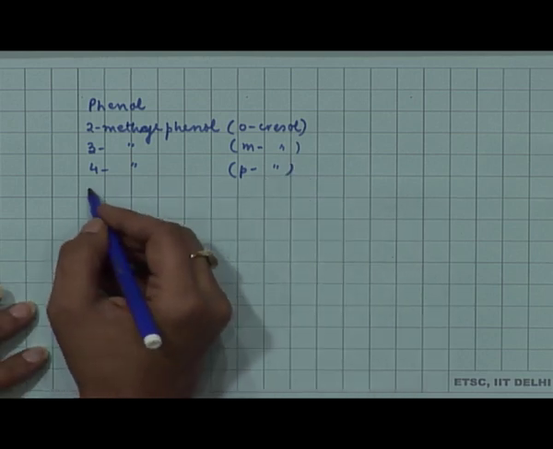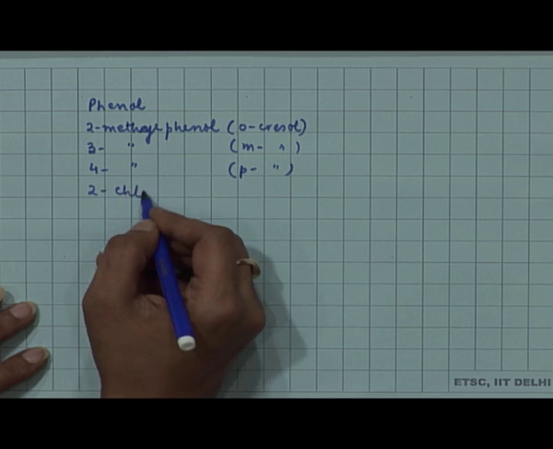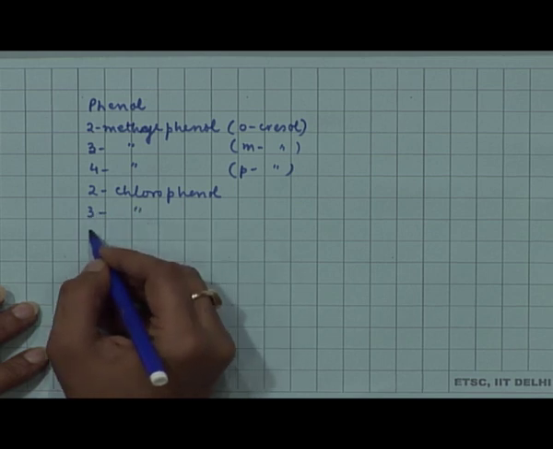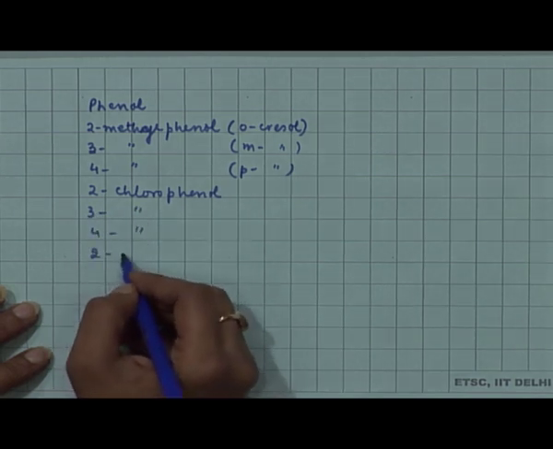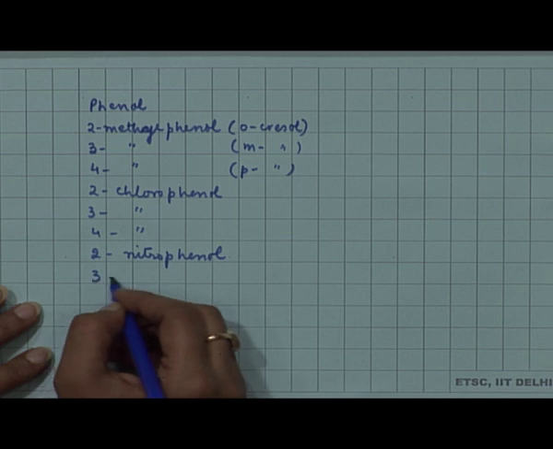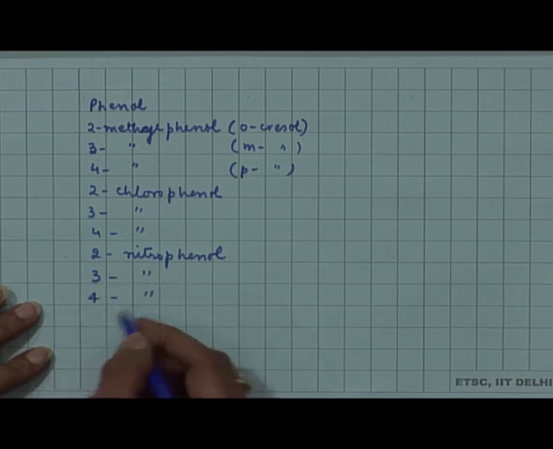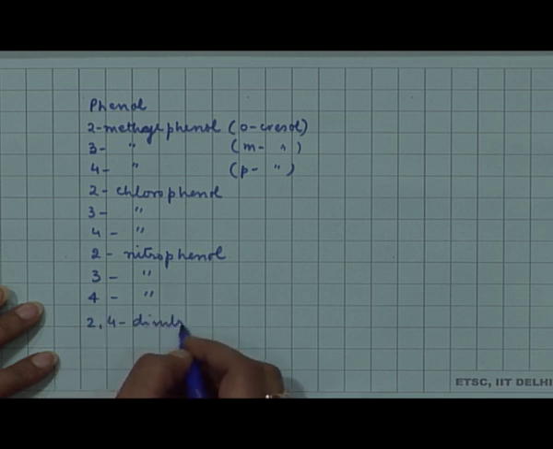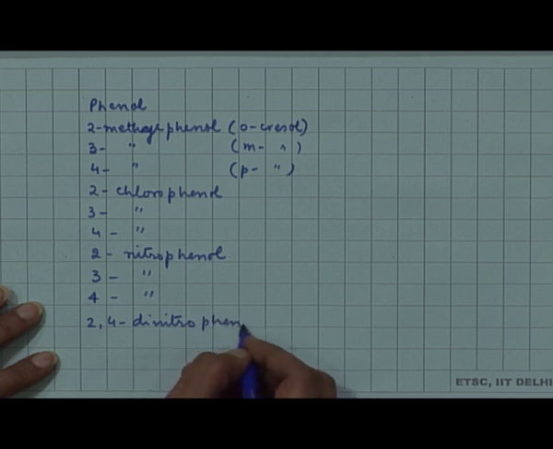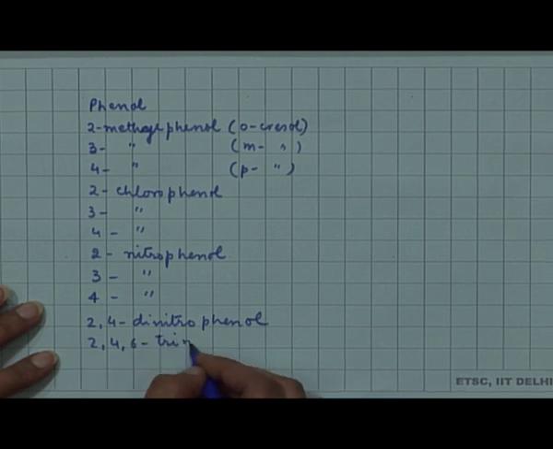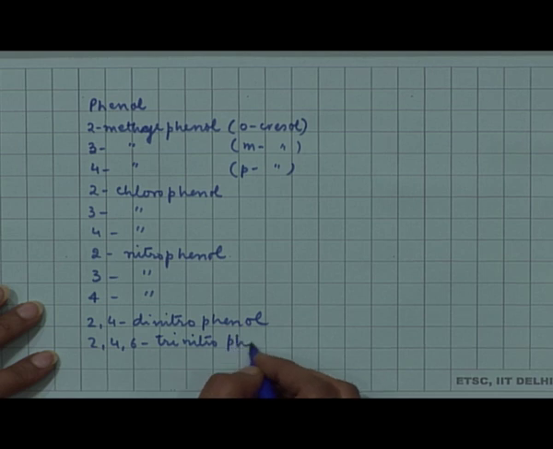Okay. If you have a 2-chlorophenol, a 3-chlorophenol, a 4-chlorophenol, a 2-nitrophenol, a 3-nitrophenol, a 4-nitrophenol, or if you have di-substituted, a 2,4-dinitrophenol or a tri-substituted 2,4,6-trinitrophenol, which has the common name picric acid.